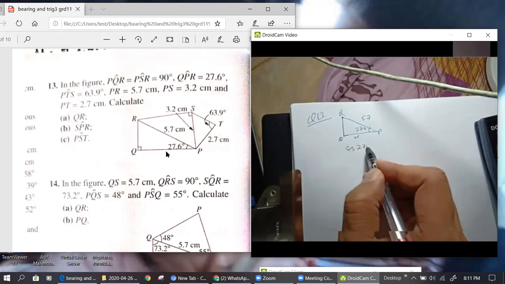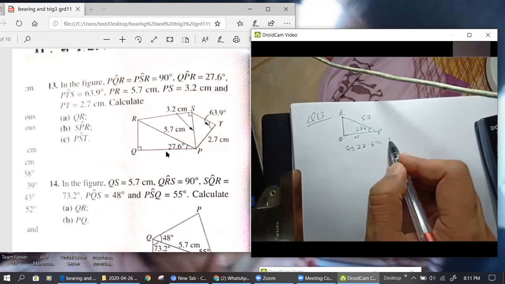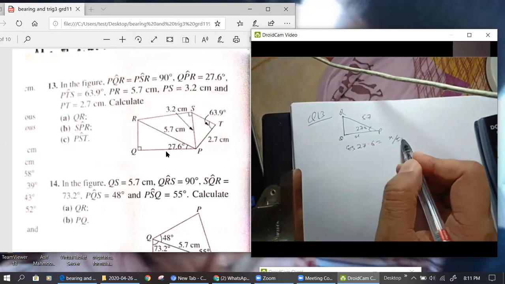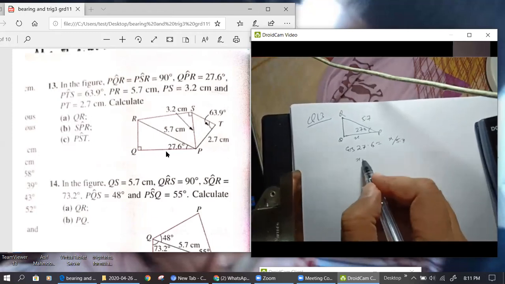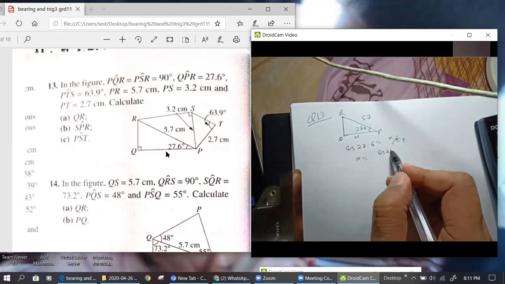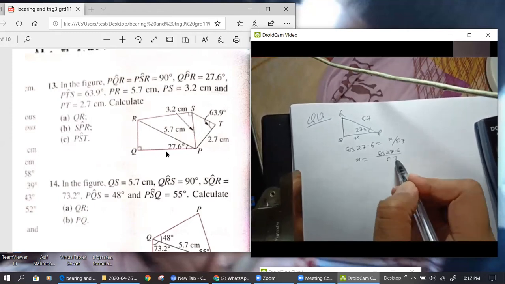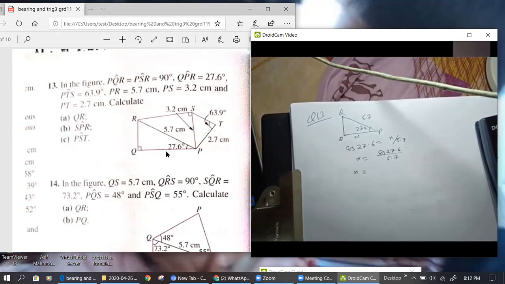Cos 27.6 equals x over 5.6. So x equals cos 27.6 times 5.6.